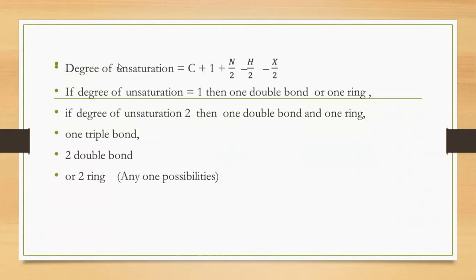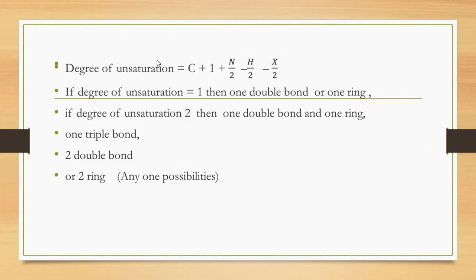Now, see here, how to calculate the degree of unsaturation, which means how many double bonds are present or how many rings are present. For that, we have a formula. Degree of unsaturation is equal to C plus 1 plus N by 2 minus H by 2 minus X by 2.